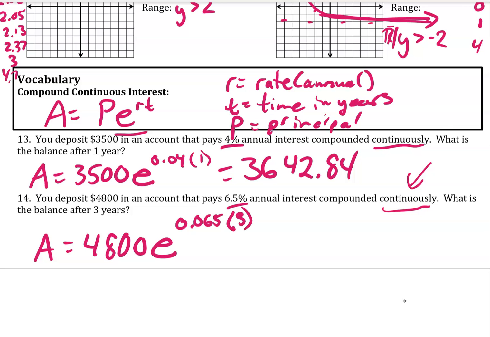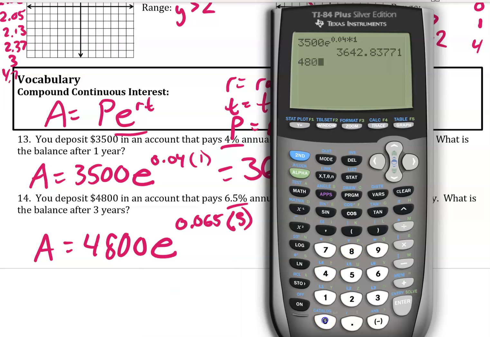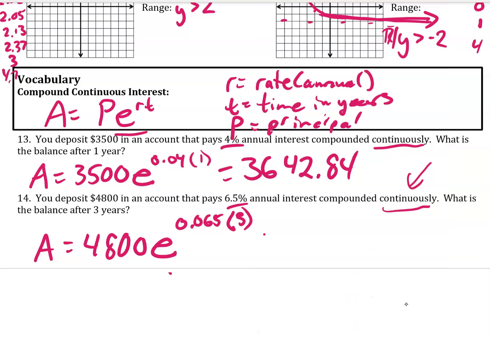So again, in the calculator, 4,800 times e to the 0.065 times 3. $5,833.49.